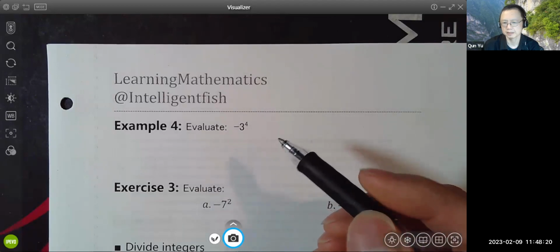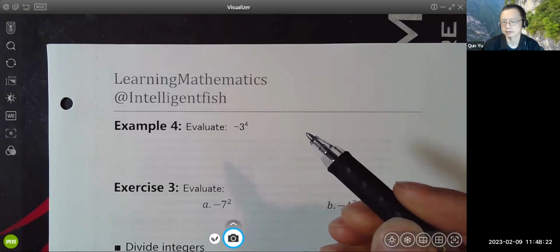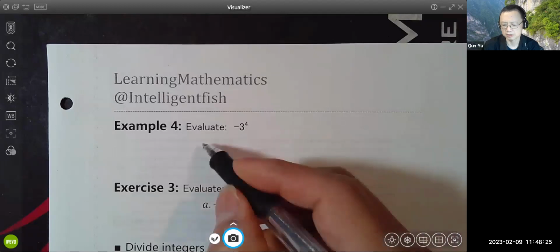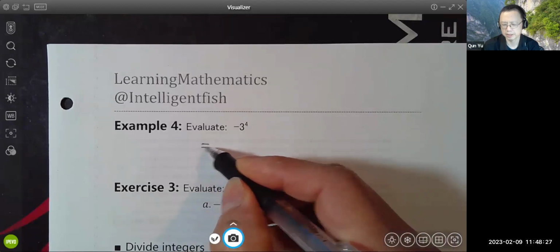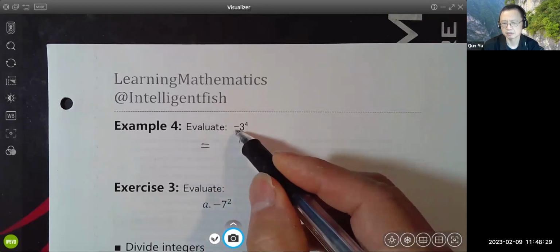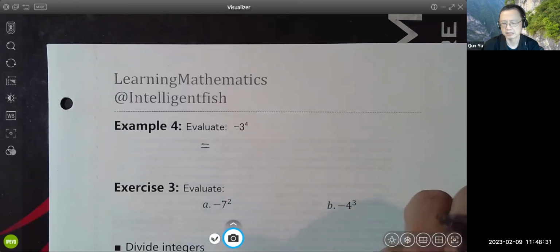But what is the base in this case? Without parentheses, actually only 3 is the base. The negative sign is not part of the base. So we are not going to multiply -3 by itself 4 times.